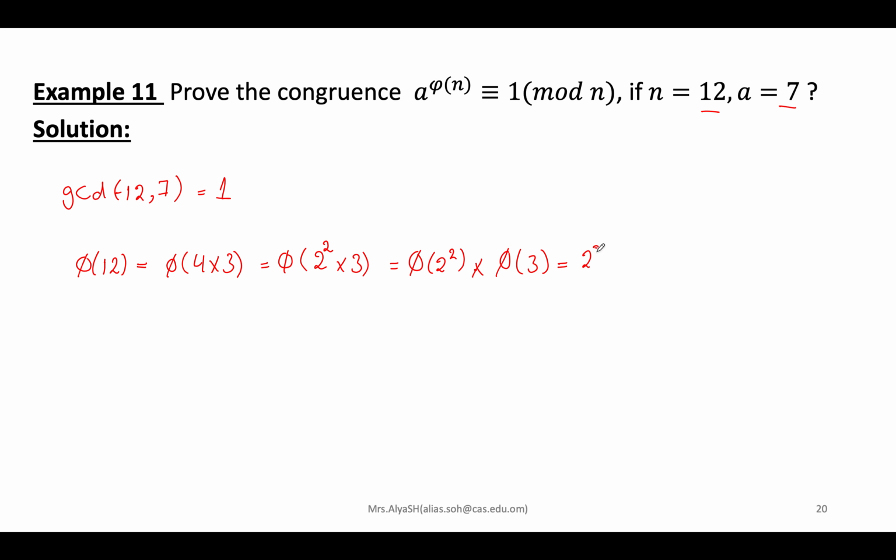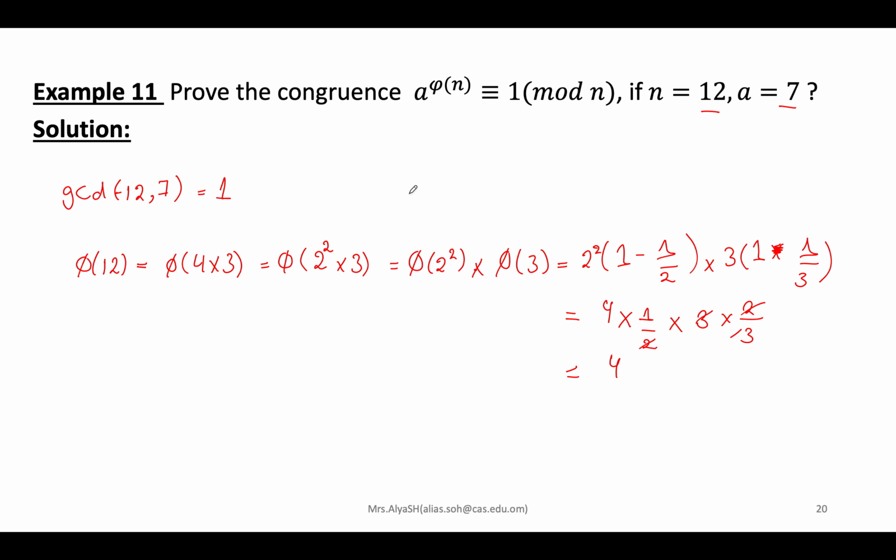And this is equal to 2 squared times (1 minus 1 over 2), multiplied by 3 times (1 minus 1 over 3). So here we got that phi of 12 is equal to 4 multiplied by 1 over 2 multiplied by 3 multiplied by 2 over 3. So here we got that phi of 12 is equal to 4.